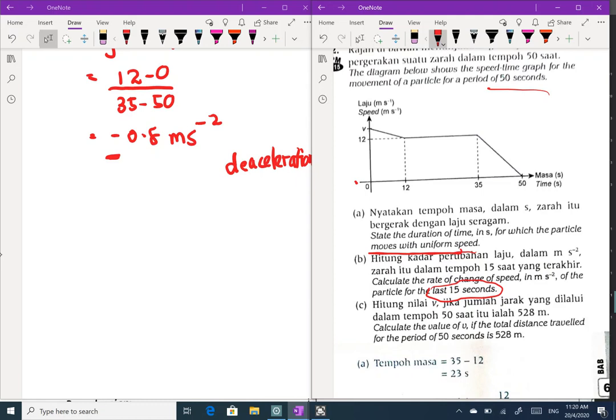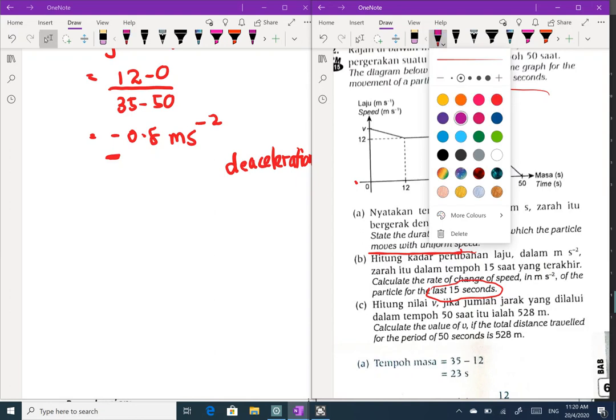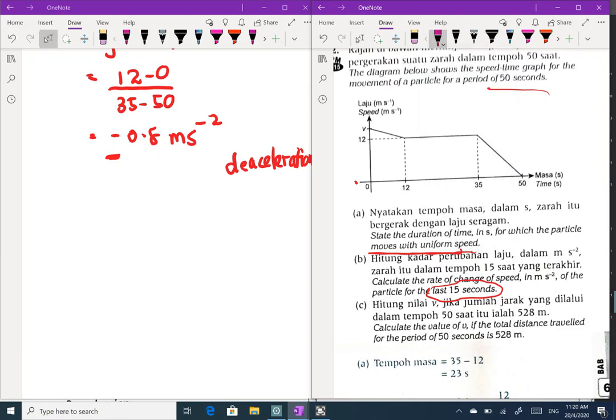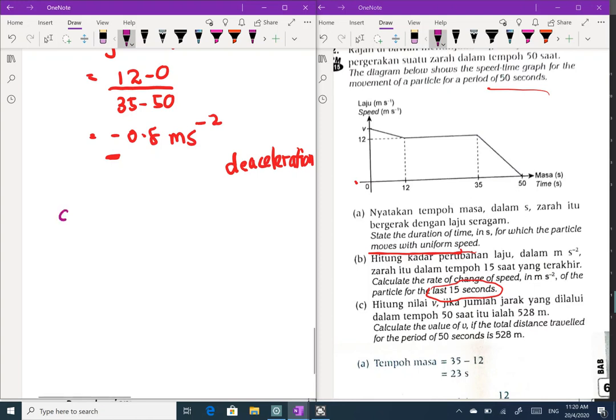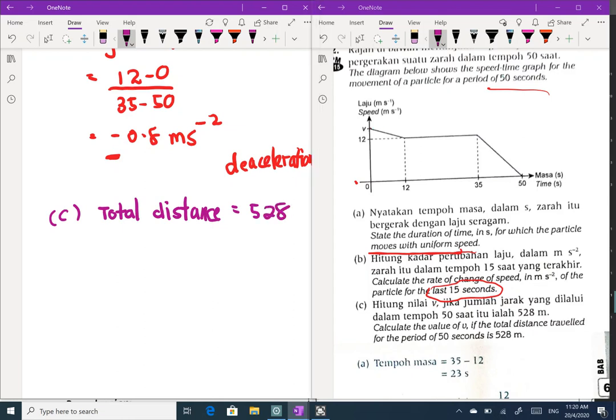Okay, calculate the value of V if the total distance is 528. How to find the total distance? 怎样找 total distance? Total distance is the area under the graph. Okay, so C. Total distance, given that, is equal to 528. I divide into two.